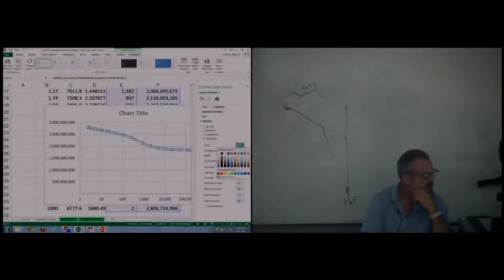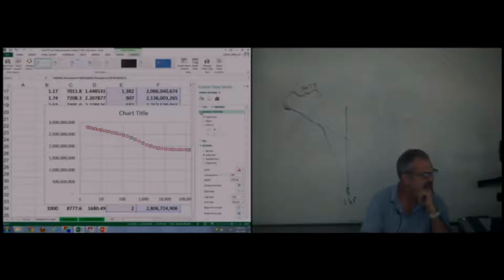Here we go. Where's my size? Oh, that's just my font. Where's my size? Marker options. Here we go. Okay.